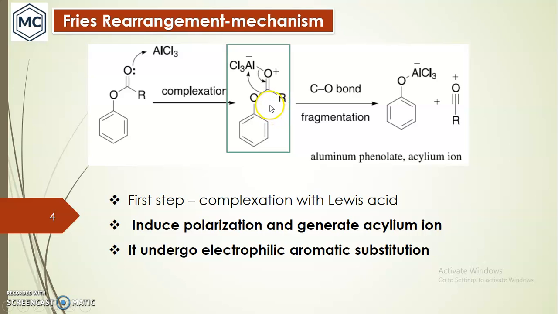And next what happens is a C-O bond, this bond, the O-C=O bond undergoes fragmentation like this, and it forms acylium ion like that, R-C triple bond O, and O gets positive charge, and this O minus complexes with aluminum and forms aluminum phenolate.